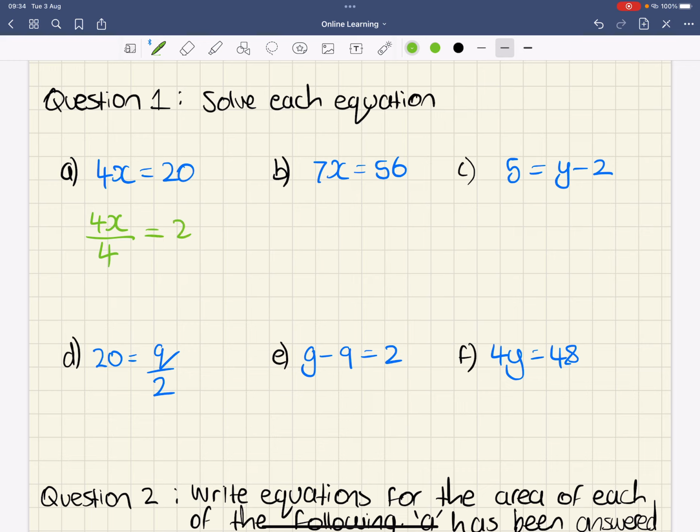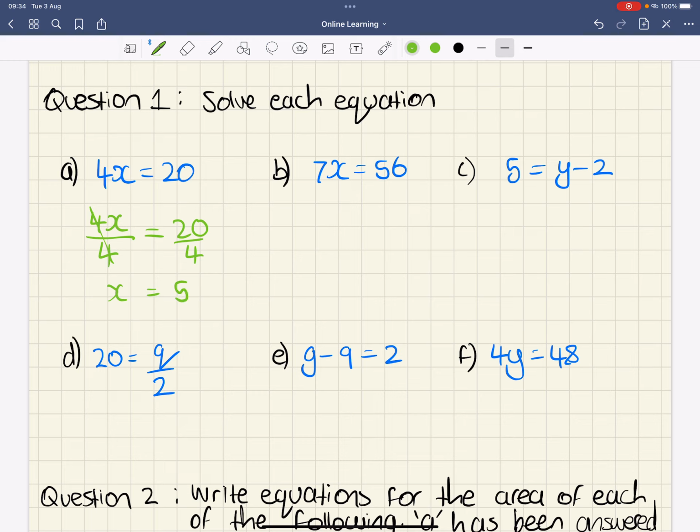I'll write the full equation, but remember, whatever I do to one side, I've got to do to the other side. So I've got to divide the 20 by 4 as well. Our 4's on the left will cancel out, and I'm left with x equals, well, 20 divided by 4 is 5.